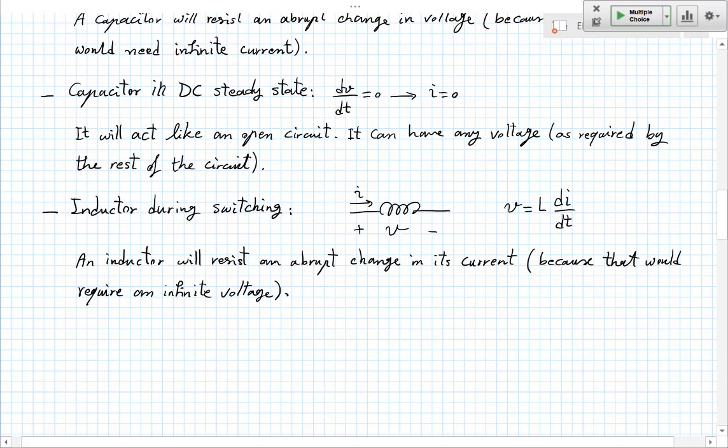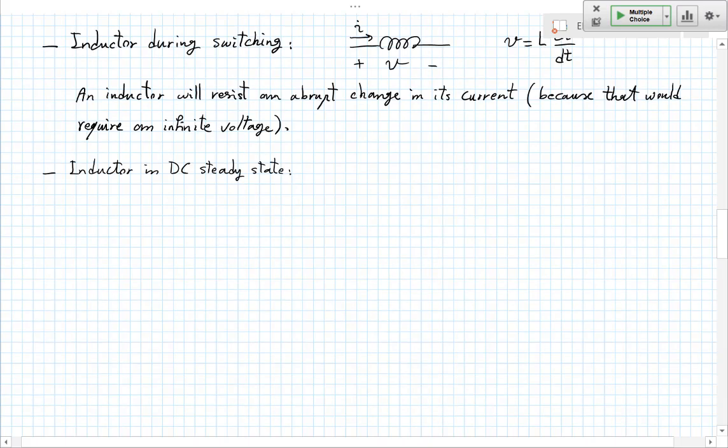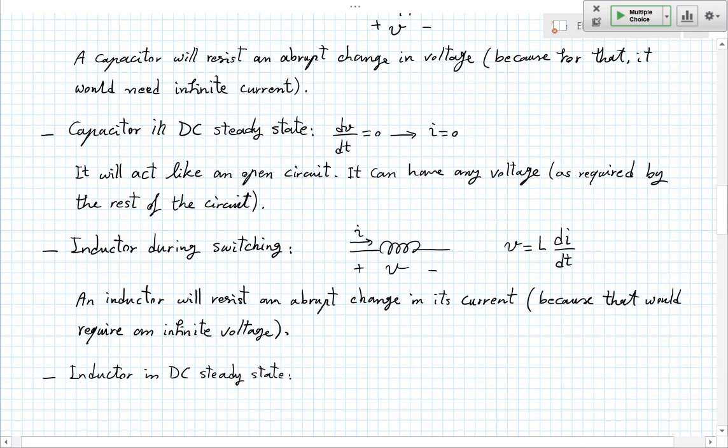And finally, inductor in DC steady state. In the same manner, but in this case, the equation has the time derivative of the current. DC steady state, nothing is changing with time. di/dt is 0.